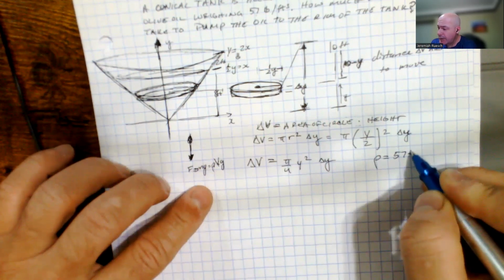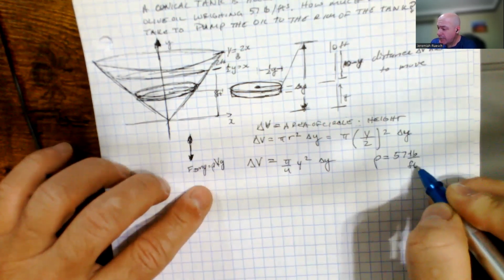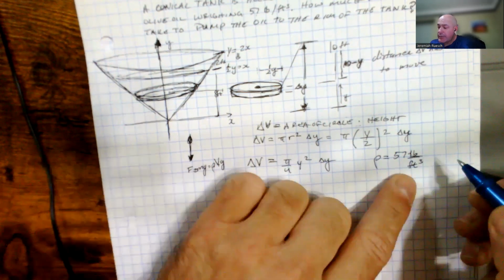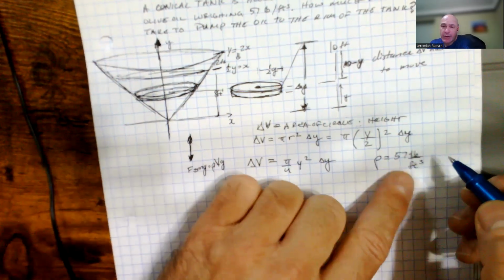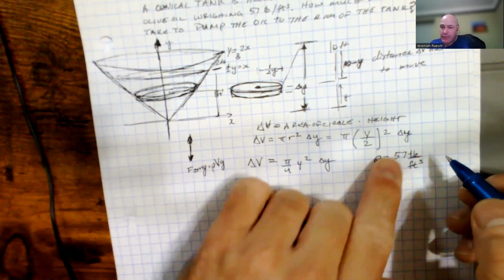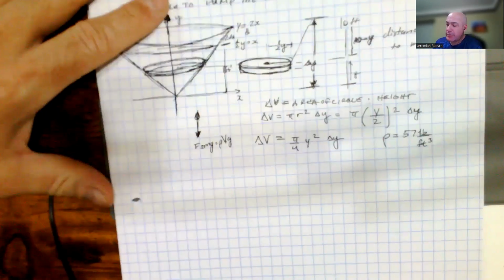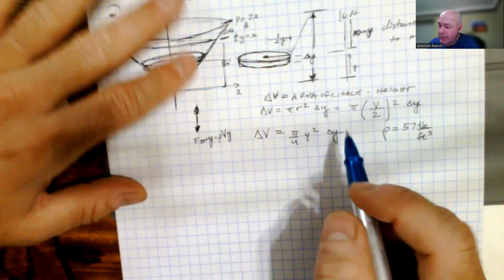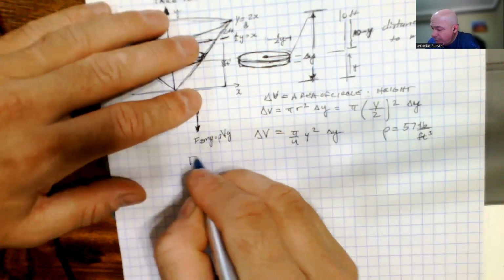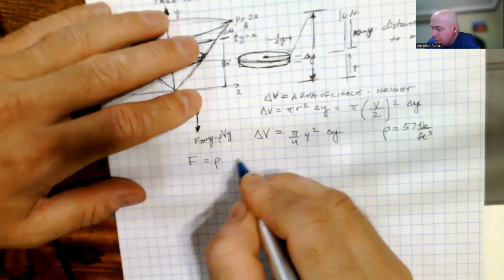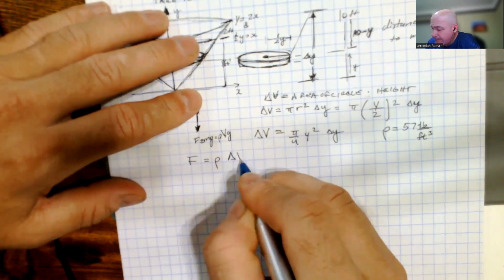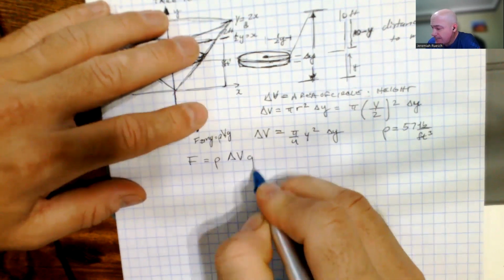That's going to be equal to pounds per cubic foot. I'll just keep it in terms of rho because writing one thing is easier than writing all that. Plus, I like to keep things general before I start plugging in numbers. So what is our force? Our force is going to be rho times delta V.